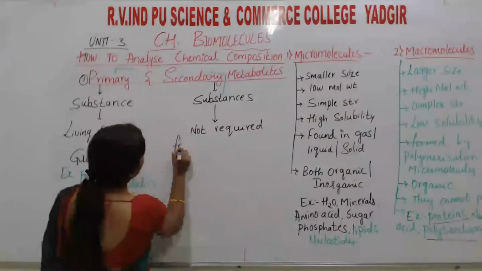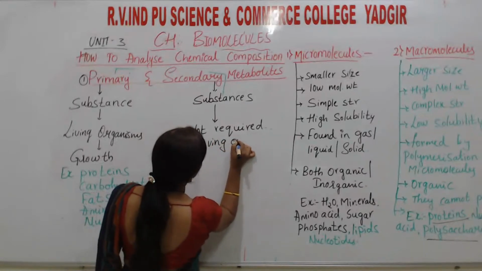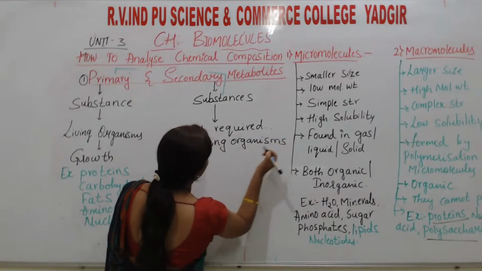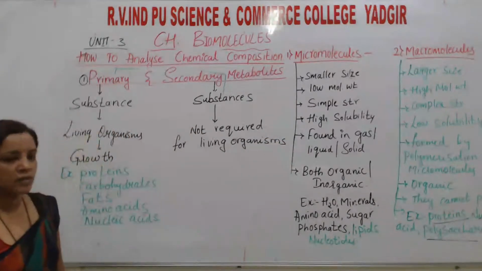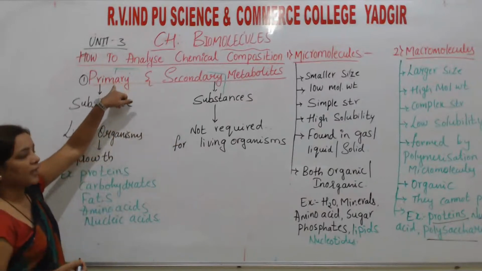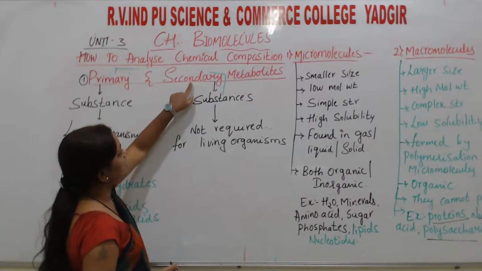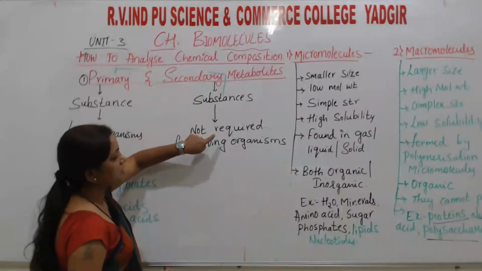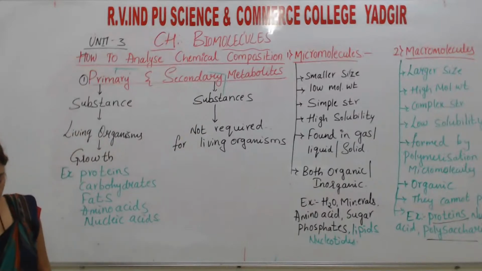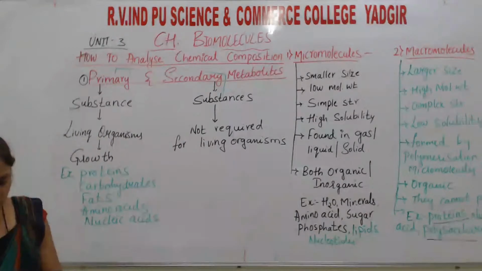The substances required for living organisms are called primary. Secondary metabolites are the substances which are not required for the living organisms. However, many of them are useful for human welfare.